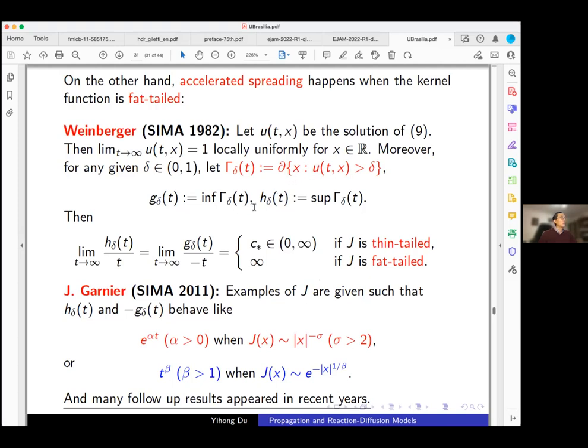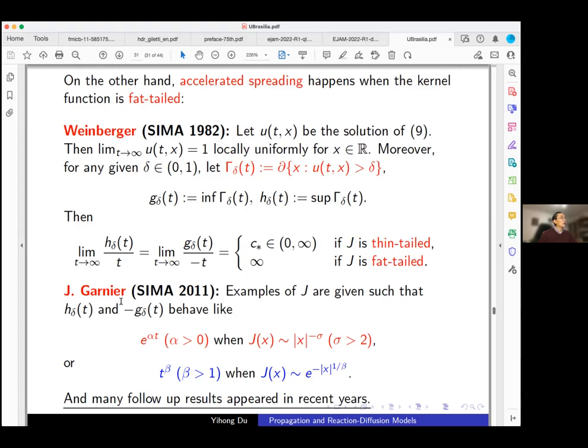This interval GH is the smallest interval containing the population range. And then you can show that this ratio and this ratio converge to a finite constant if the kernel function is thin-tailed. Otherwise, the limit is infinity. What does that mean? That means the spreading is accelerating. So we say this is accelerated spreading.